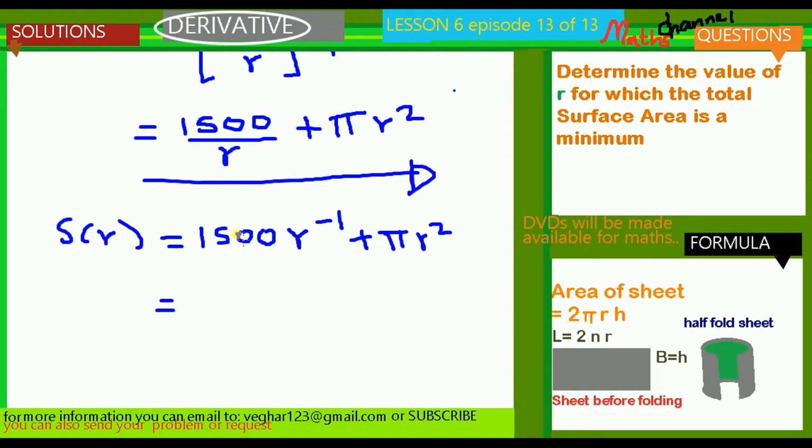So deriving this one, you have something like r minus, and then plus, deriving this one, you have 2.